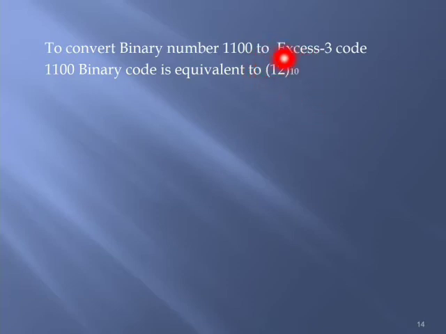So this is the binary number given, and we need to convert it to the equivalent XS3 code. First you take that binary number and convert it to a decimal number. After converting to decimal, you need to add 3 to each decimal digit.